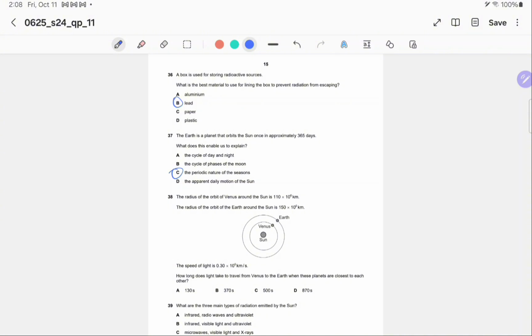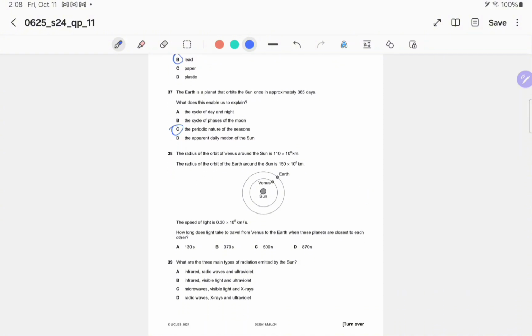Okay, 38th question. The radius of the orbit of Venus around the sun is 110 × 10^6 kilometers. Similarly, the radius of the orbit of the earth around the sun is 150 × 10^6 kilometers. The speed of light is 0.3 × 10^6 kilometers per second. How long does light take to travel from Venus to Earth when these planets are close to each other?